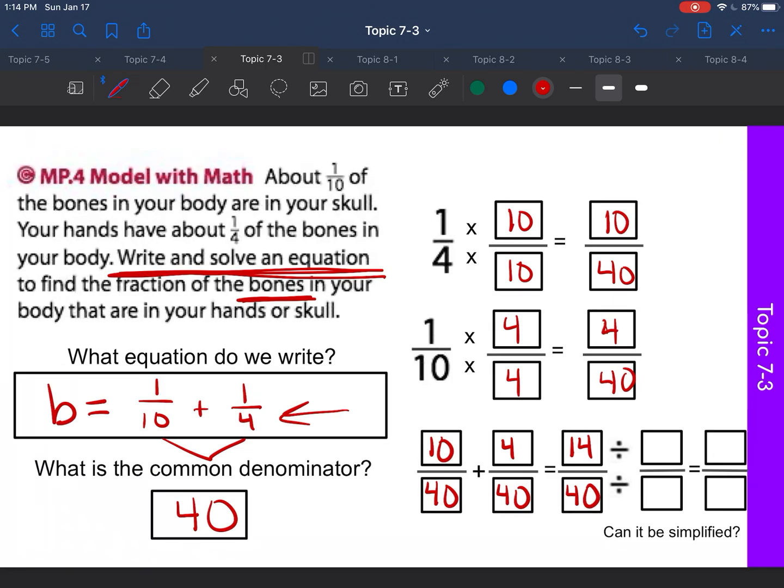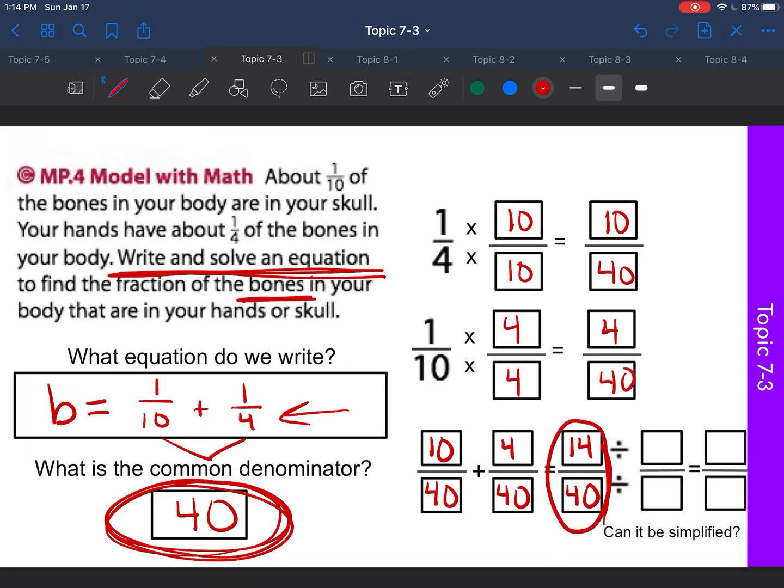And again, always ask in your mind, can it be simplified? In this case, guys, since we chose a larger common denominator, it can be simplified. This is a perfect example of why finding the lowest common denominator is helpful, because it reduces the chance of simplification at the end.